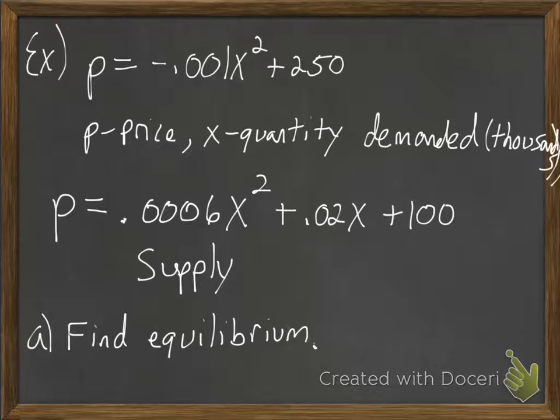We are going to skip that point, and I'm just going to tell you that equilibrium occurs at x equals 300 and at p equals 160. So we've talked about how to find equilibrium before, so I'm just going to skip that so we can get right into our problem, which is we want to find the consumer's surplus.